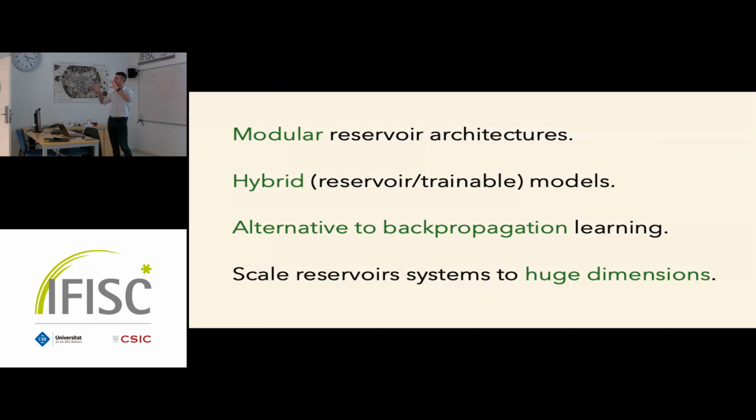So you can have a very complicated architecture, some modules for memory, other modules for other stuff. You can train the modules for other stuff, but don't do the learning in the modules for memory. You can plug in a reservoir system there, and you should put there the largest reservoir system that you can. This is what I mean. Probably you will not be able to scale better than trainable systems because, after all, in inference it is the same, right? But in the arena of reservoir computing, we need to use huge dimensions. This is my message.